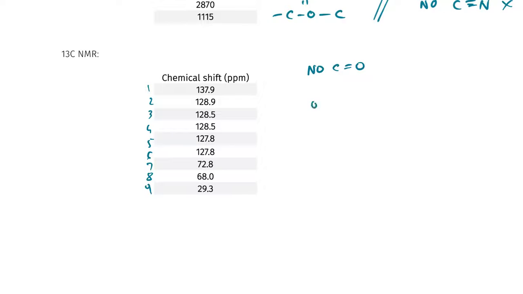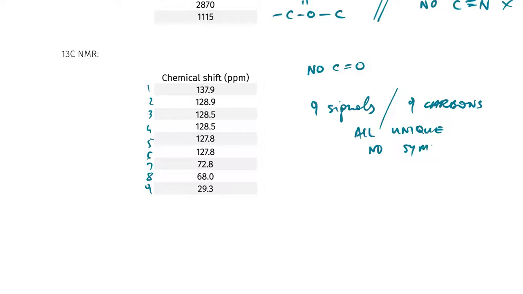So 9 signals versus 11 carbons. The formula says 9 carbons? Yeah, it says 11 hydrogens. Okay, so I take that back. So 9 signals, 9 carbons. So all are unique. No symmetry.